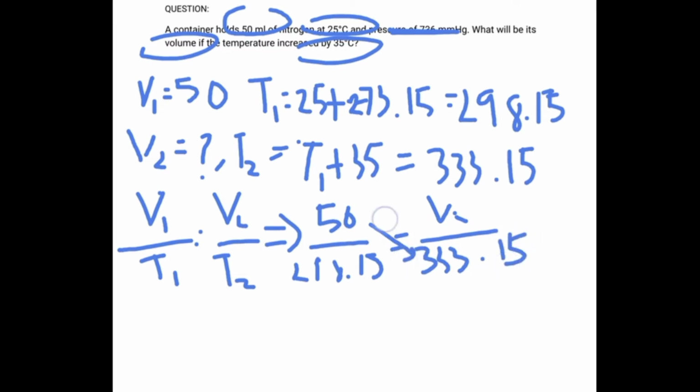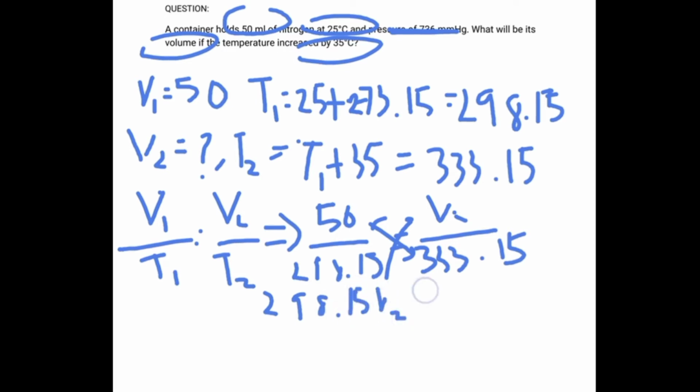Then cross multiply, we get 50 times 333.15, divided by 298.15.